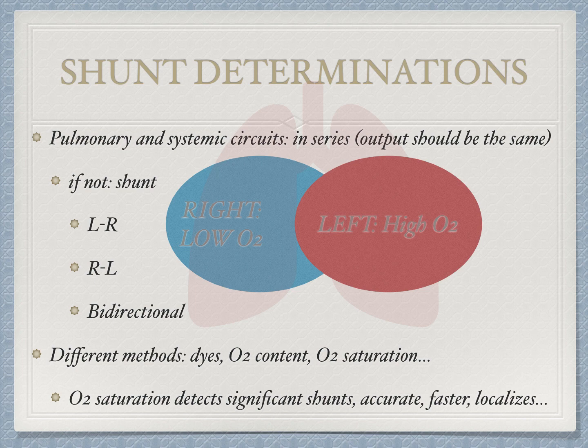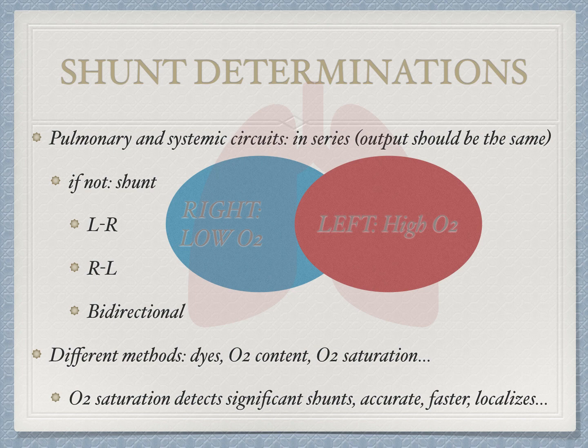It's set up in series, so that everything that comes in the pulmonary system should go out through the systemic system, so the output should be the same. If this does not happen, we're talking about a shunt, which can be left to right, meaning oxygenated blood going to the right side, the deoxygenated side, or right to left, where deoxygenated blood goes to the oxygenated side, or bidirectional.